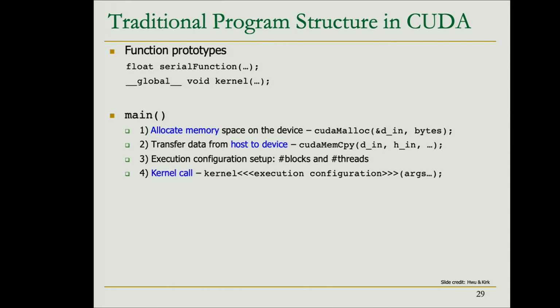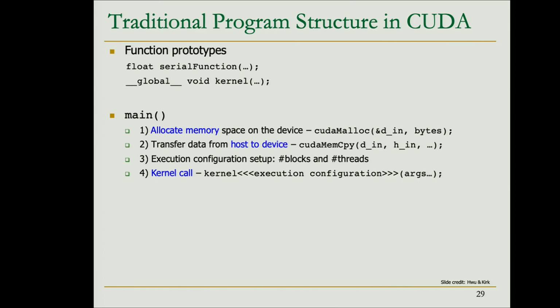Next thing to do is to call the kernel. This is the kernel launch. Inside this part, what we have is the execution configuration. So here we will have the number of thread blocks that we launch, here the number of threads, and then the arguments. What's going to be one of the arguments? Or for example, in our matrix computation, what would be the arguments?